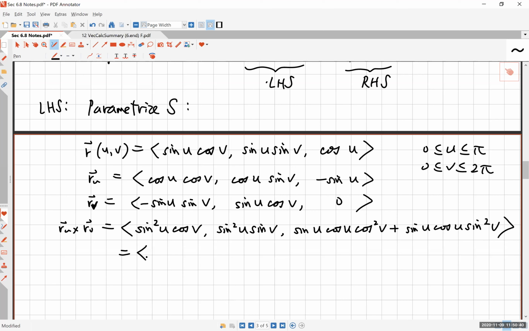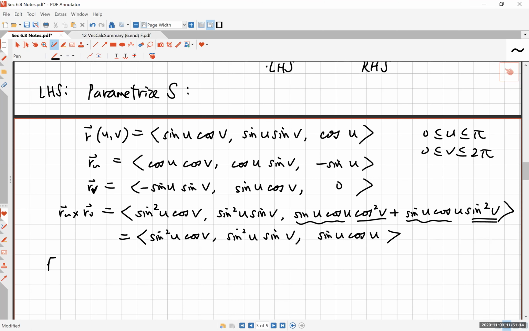And you can probably tell this is sine squared u cosine v, sine squared u sine v. And what do you have for the last one? You see sine u cosine u, and then if you factor out sine u cosine u, which you see in both of these, the rest is cosine squared plus sine squared, otherwise known as 1, right? So this is your parameterization, or r_u cross r_v.